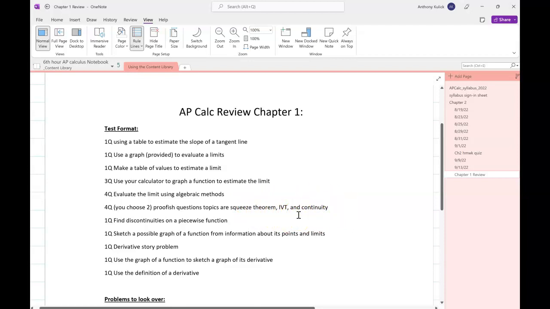So again, it'll be like prove that this function is continuous at this point, or use the squeeze theorem to do this limit, or show that this function takes on this value somewhere on this interval, like an intermediate value theorem question. Stuff like that. None of them are super involved proofs, but they're like things we should be able to do. They'd be like a standard part of a multi-part free response AP question. These are all kind of things that I expect to see.